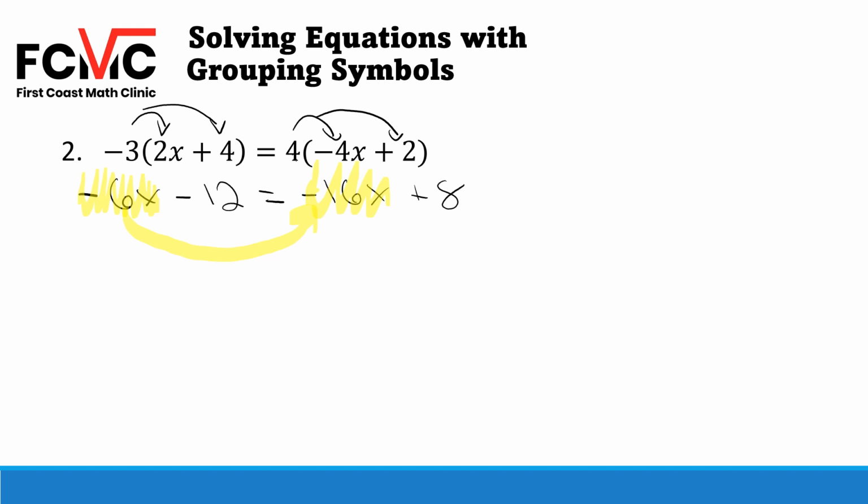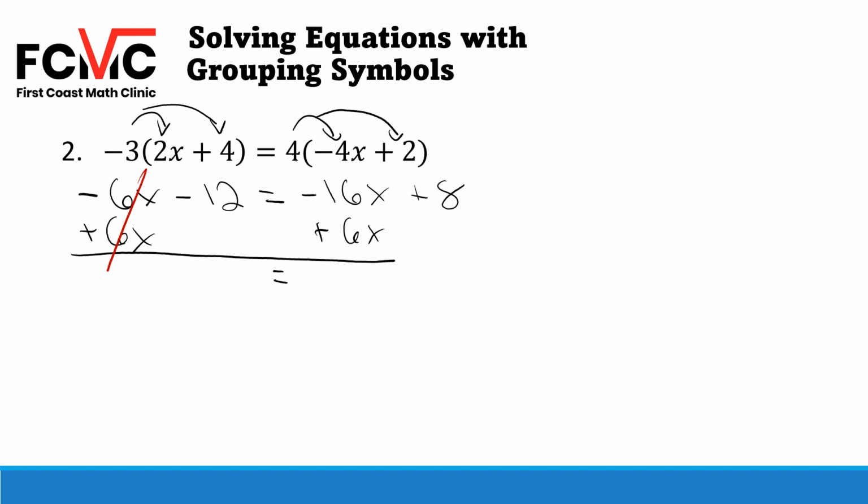So to do that, I want to add 6x. So I'm going to add 6x, add 6x. The 6x cancels out on the left. Bring down the negative 12.